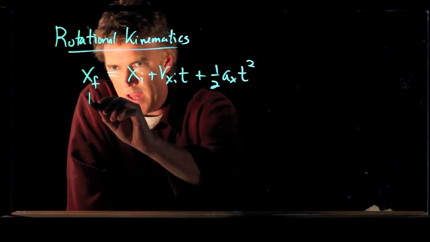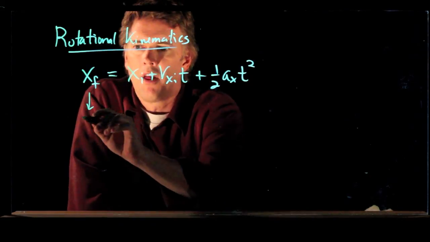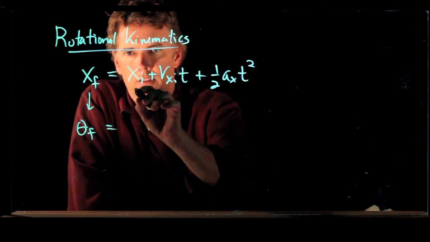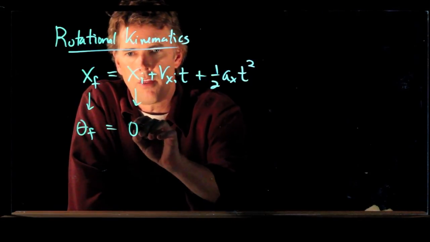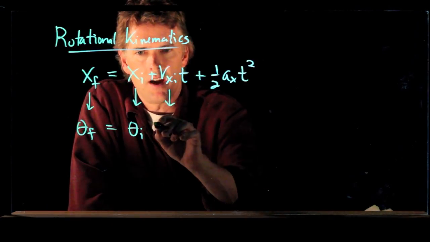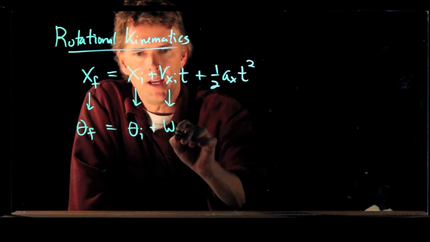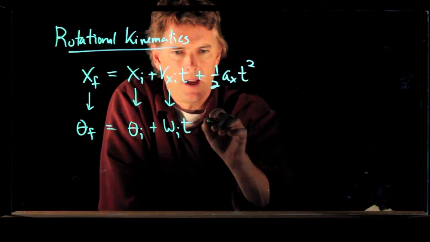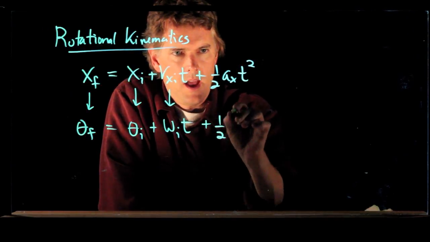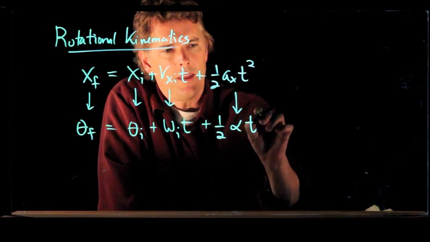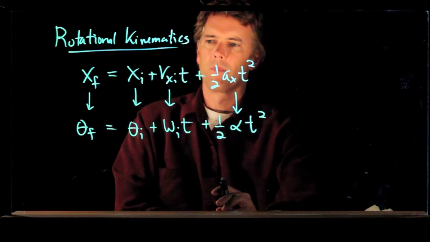So xf becomes theta f. xi becomes theta i. Vxi becomes omega i. We keep the same time. A sub x becomes alpha, and then we have t squared.